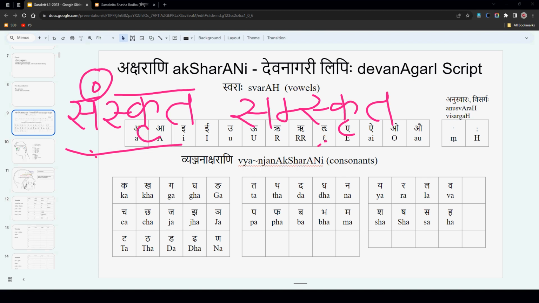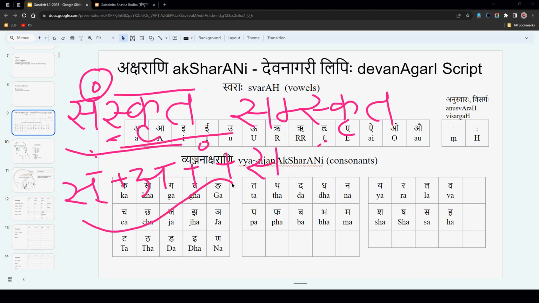How is that anuswara sound coming there? Sans, right? After that, sakara comes. Sanskrita. So that is the sound of anuswara. Not samskrita. In the word Sanskrita, there is anuswara after the akara. Sa plus a, there is an anuswara. Then what is skrita? Okay? Sanskrita. So we have Sanskrita here.